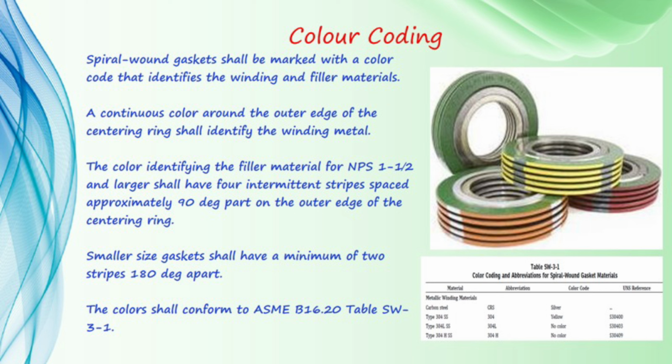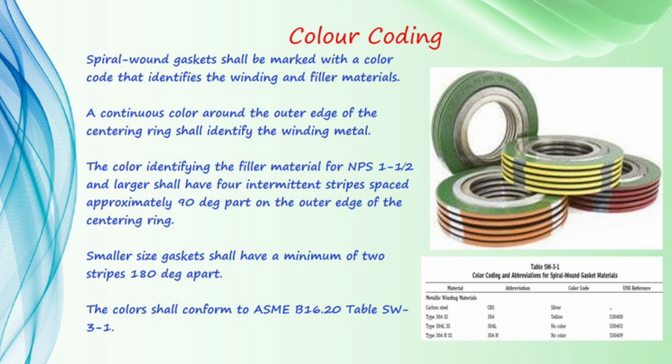These gaskets shall be marked with a color code that identifies the winding and filler material. A continuous color code around the outer edge of the centering ring shall identify the winding material. Here you can see that a yellow color code is continuously marked on this gasket. Accordingly, we need to refer to the respective color code chart of ASME B16.20 for the relevant requirement.